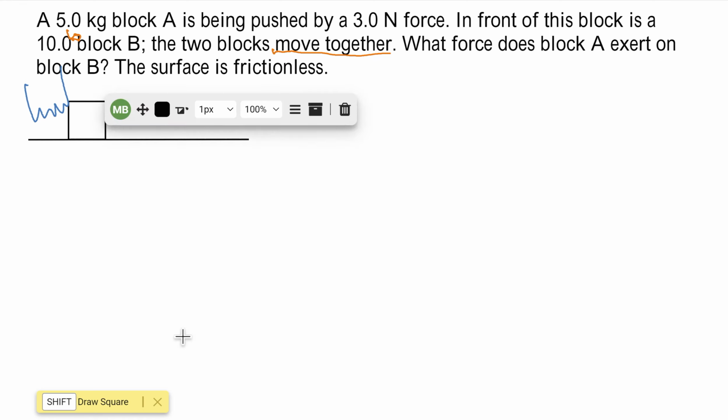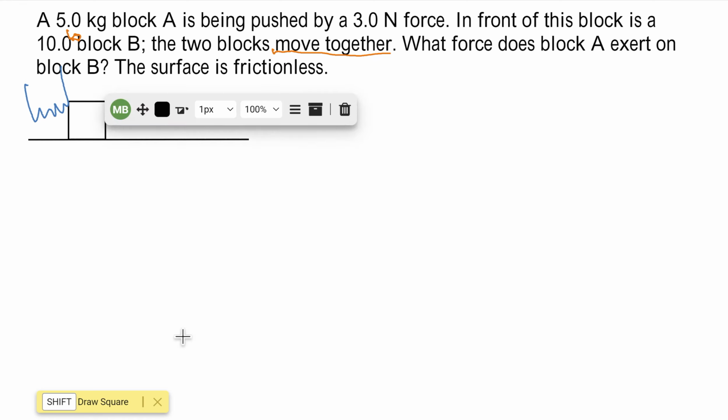A and B. This is block A, this is block B. As I'm pushing these blocks, they're moving together. So there's our picture. I'm pushing it this way with a 3 Newton force. All right, my picture's done.